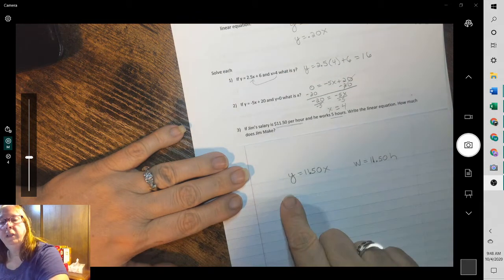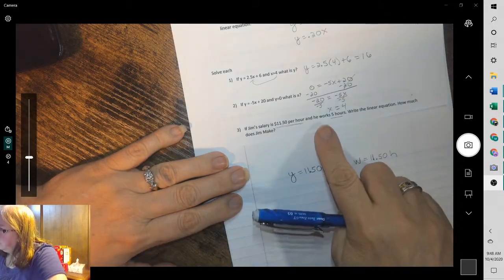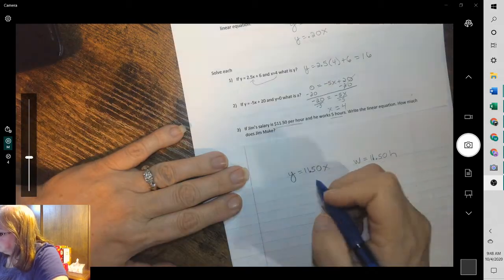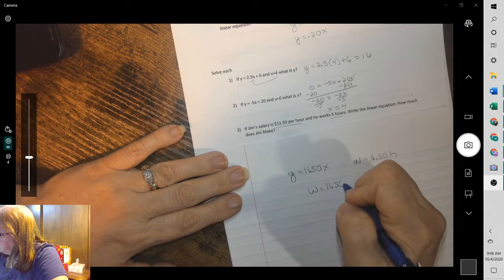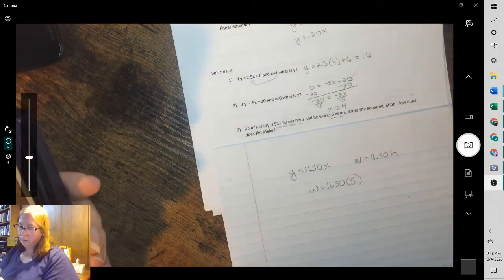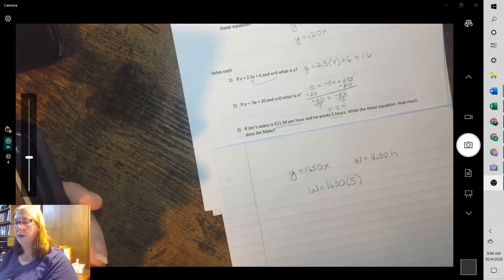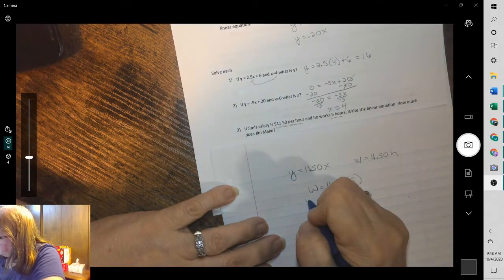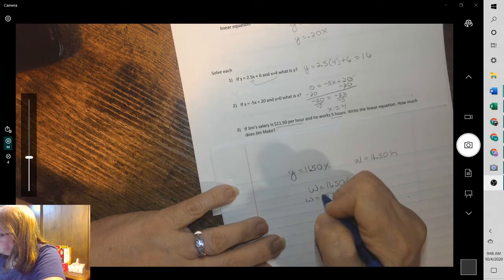So either one of these would be correct. He works 5 hours, then we're going to plug that in for hours. $11.50 times 5, $57.50. So his wages are $57.50.